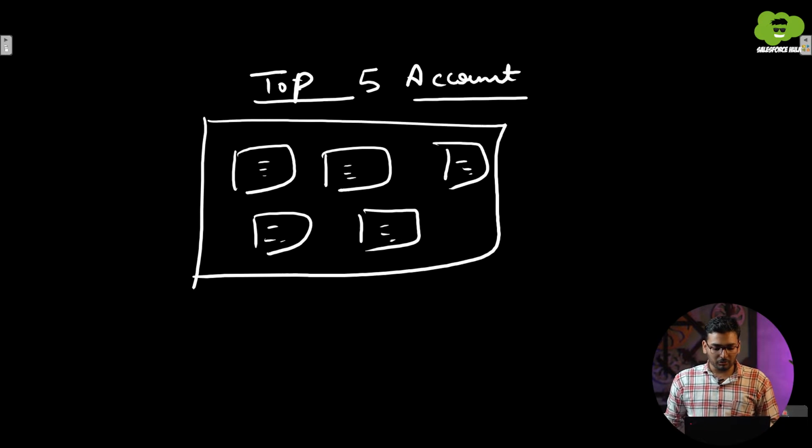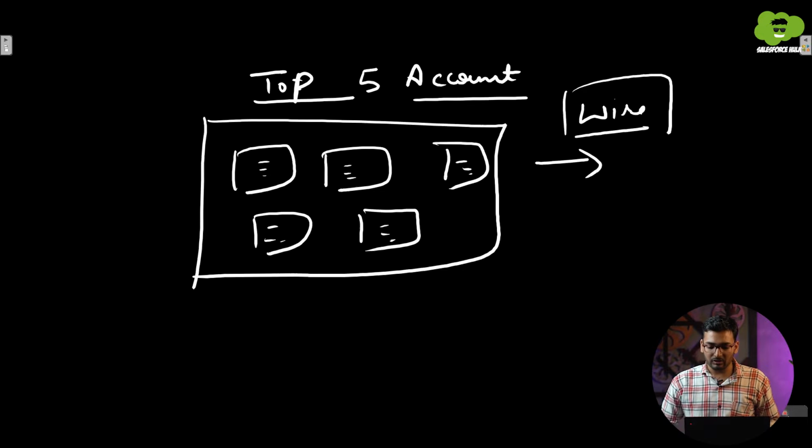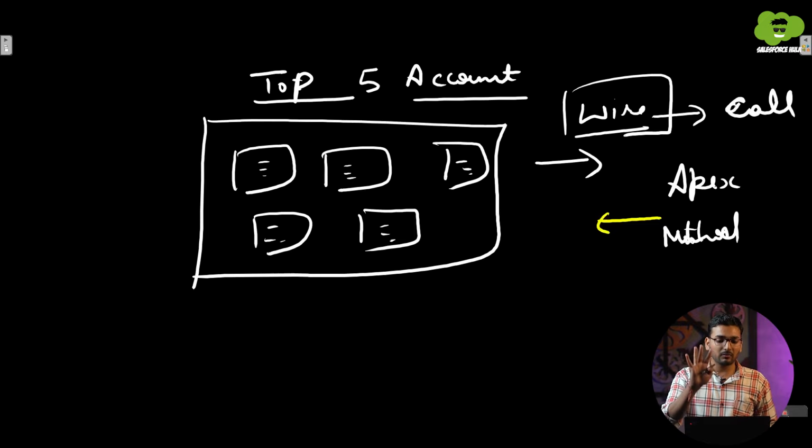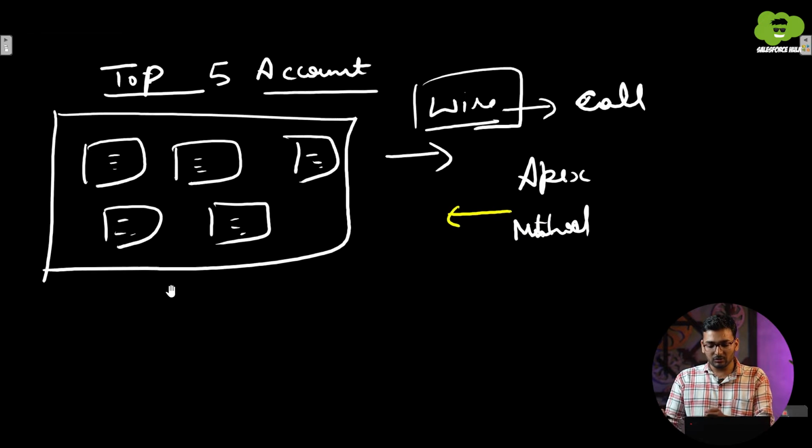In order to do that, we need a wire decorator. So what exactly is a wire decorator going to do? It is going to call an Apex method. This Apex method is responsible for returning a list of 5 account records having high revenue. So that is what we need to implement.